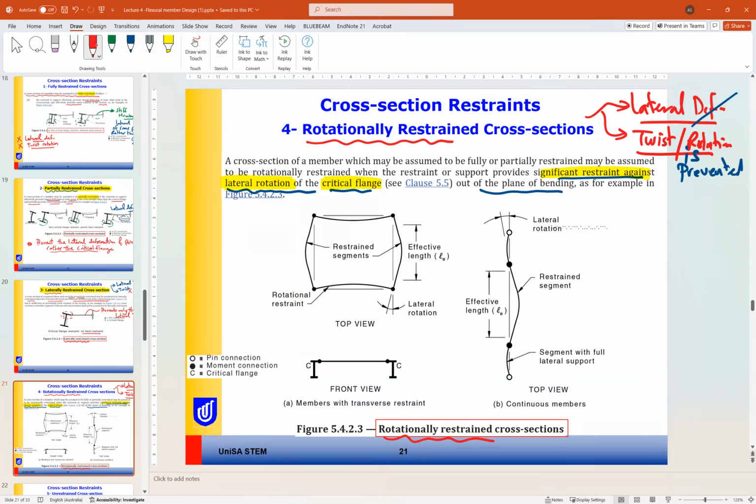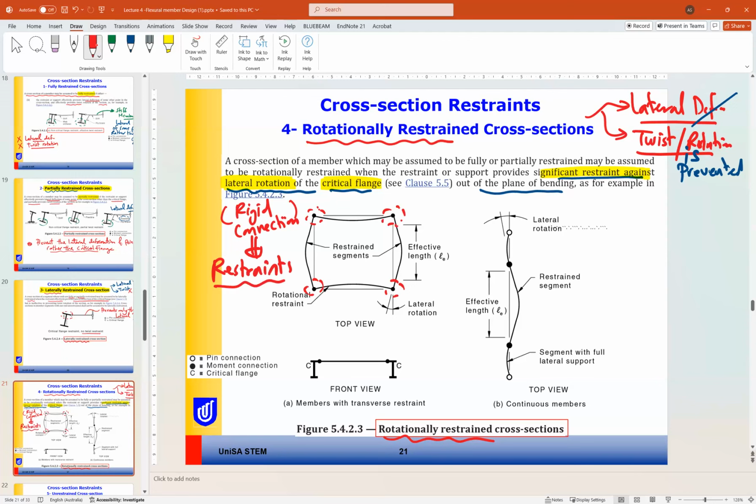Okay, so if we have a moment connection between these two members, moment connection means a rigid connection. The rigid connection will prevent the rotation of the member or provide a part of the restraints. It will provide restraints to the members.